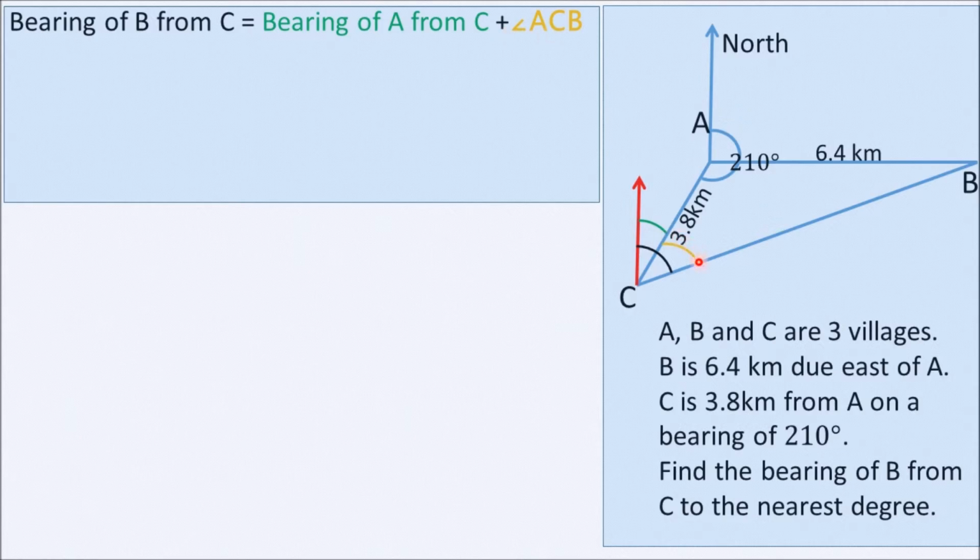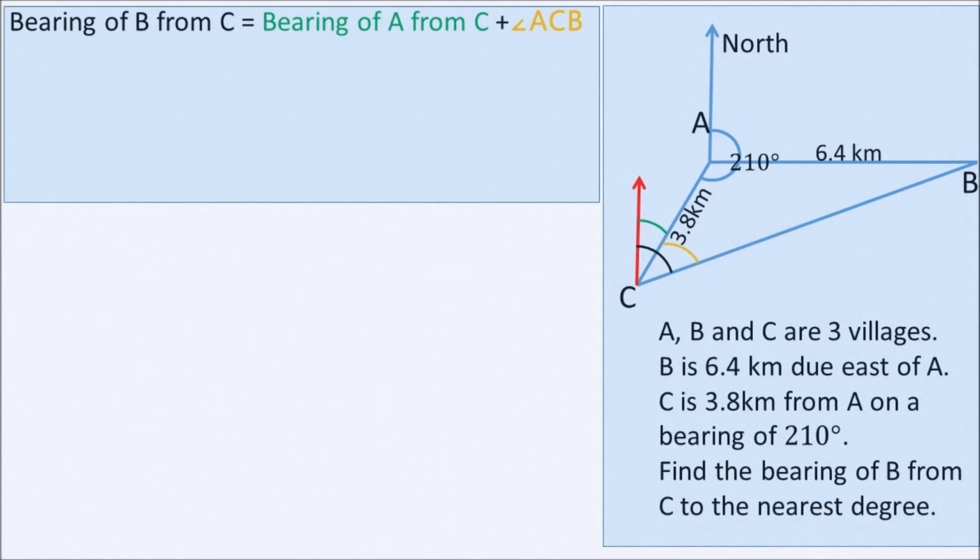So first we'll attempt to get the bearing of A from C, and to do this we will look at point A, and there's a video that I've done that shows the rules pertaining to angles. The link of this video is shown now on the screen. I advise you to at least have a quick look at it.